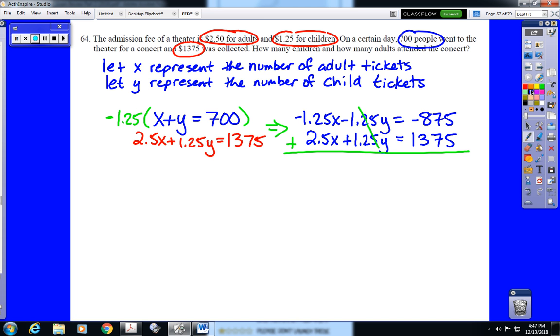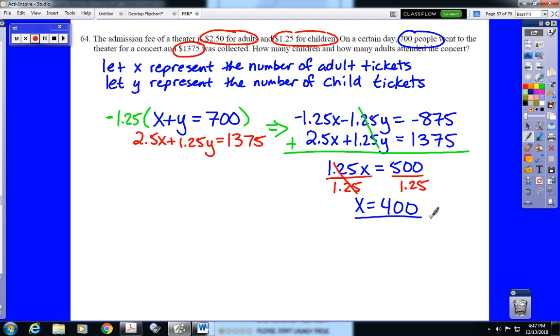So I add these equations together, which would give me 1.25x equals, and then I would subtract 1375 minus 875 and get 500. I would then divide each side by 1.25, and that would give me that x equals 400.